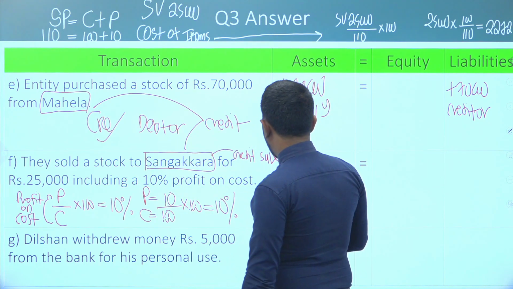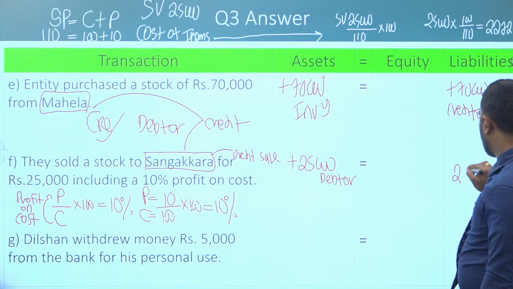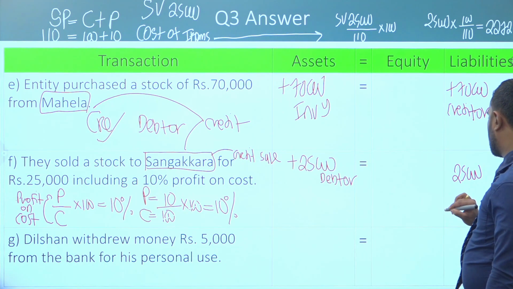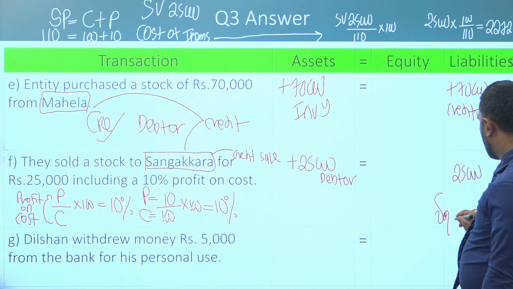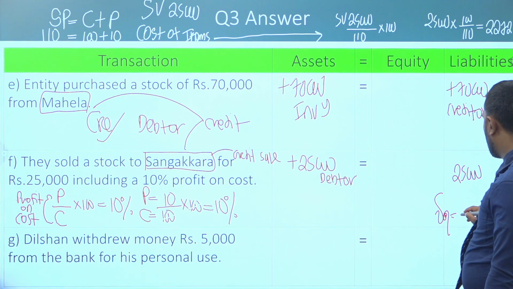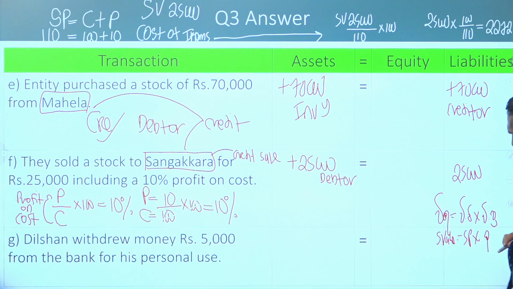And we have made a sale of 25,000. We know that sales are equal to selling price into sales quantity. The sale value equals selling price into quantity.